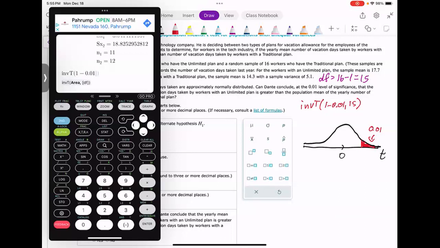Minus 0.01, comma. So I'm getting 2.6602.